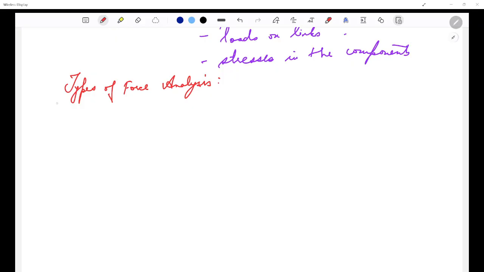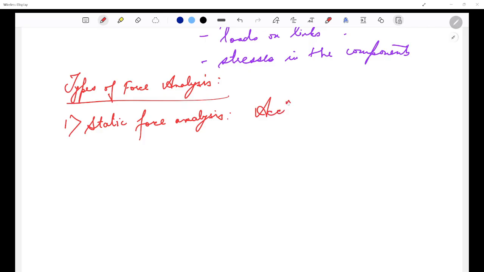And the first one we'll start with is static force analysis. What happens here? Static force analysis assumes that the acceleration is zero or inertial forces are negligible. Therefore, sigma F is equal to 0 and sigma M is equal to 0.